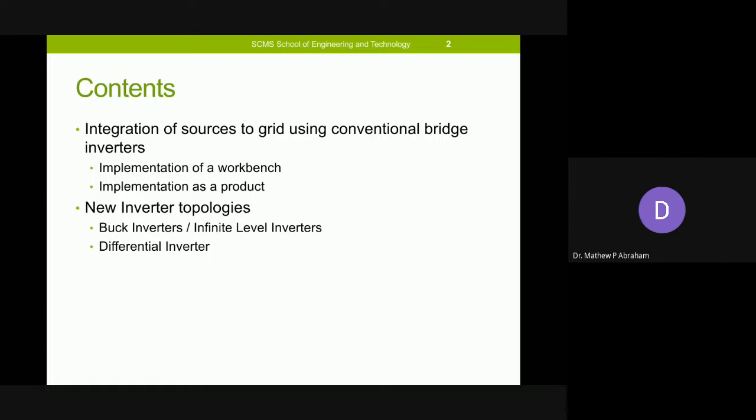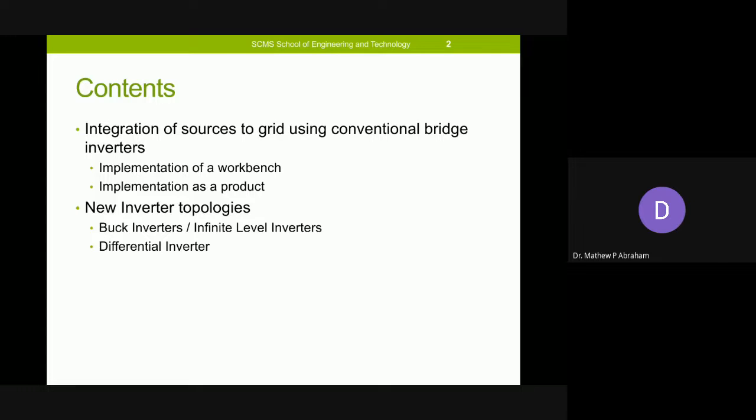Generally, I assume that most of you will be in the beginning stages of your career, so that you will be trying to build a laboratory of your own, say for smart grids.